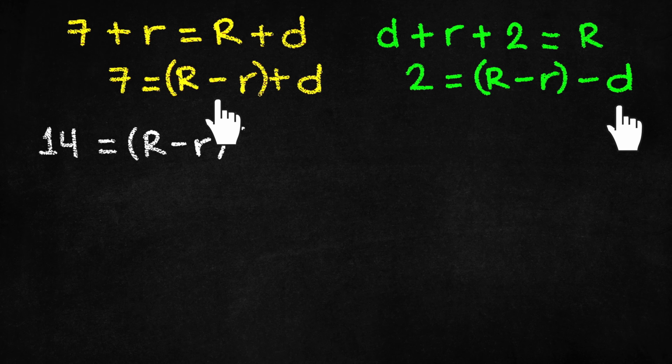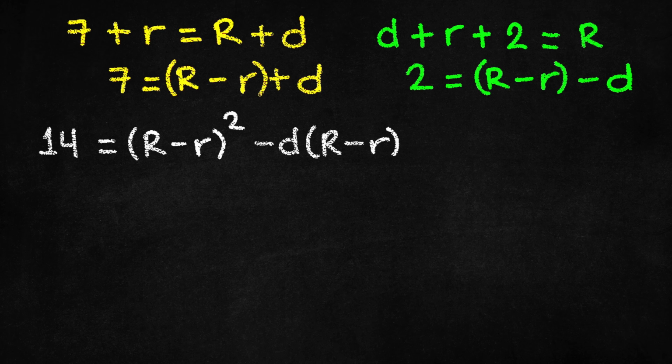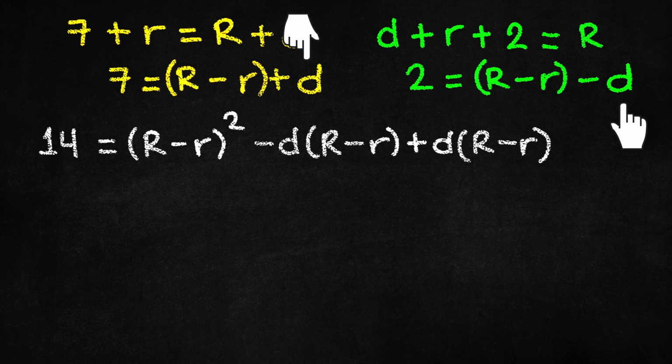Next, multiply these terms, and that is negative d times (R minus r). Next, multiply these, and that is d times (R minus r). And lastly, multiply the last terms, and that is negative d squared.